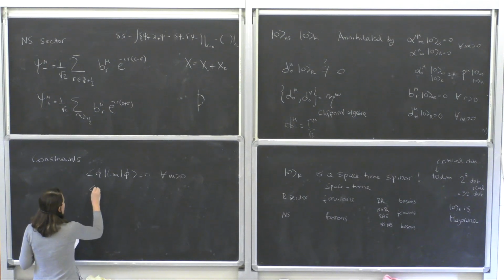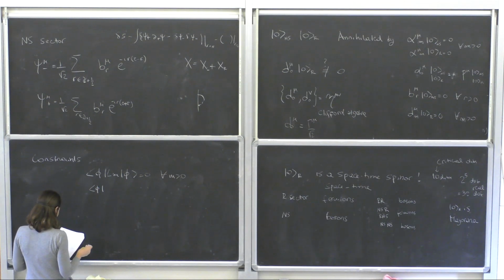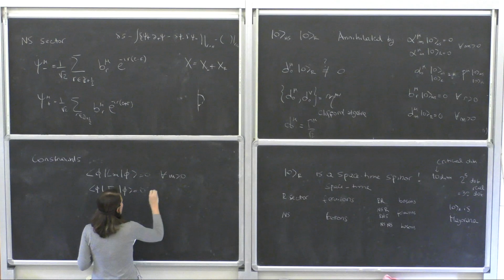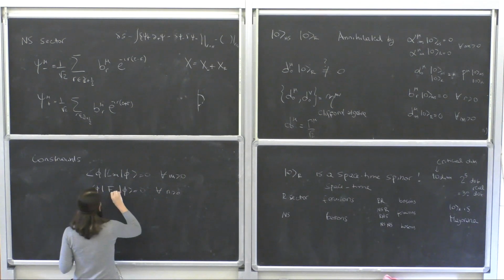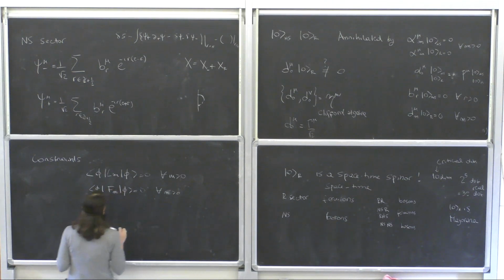And phi Gn phi equals 0 for all n greater than 0. And I'm going to tell you, these are the modes of the supercurrent. I will write them.